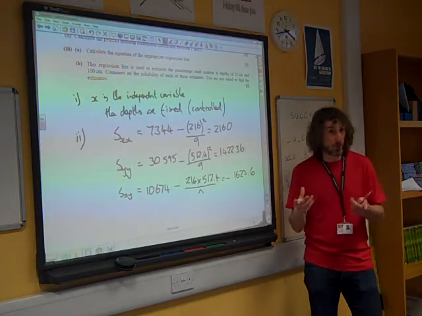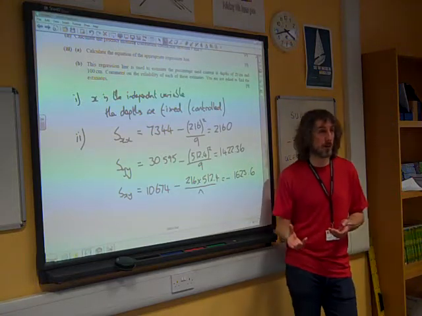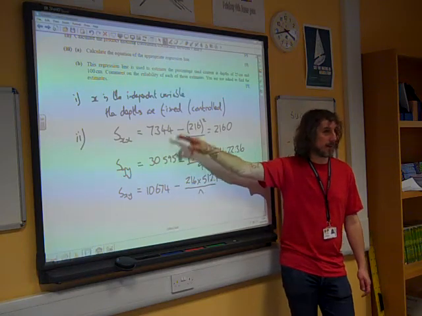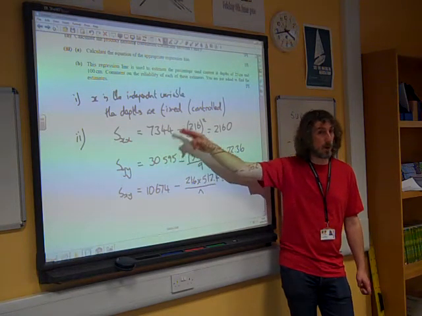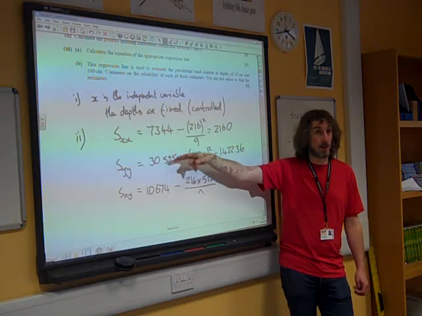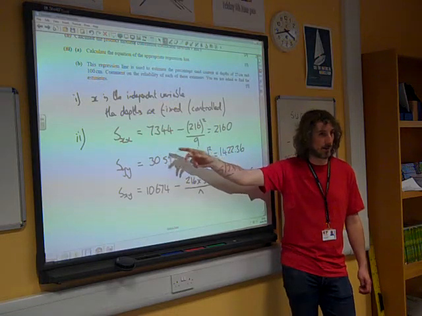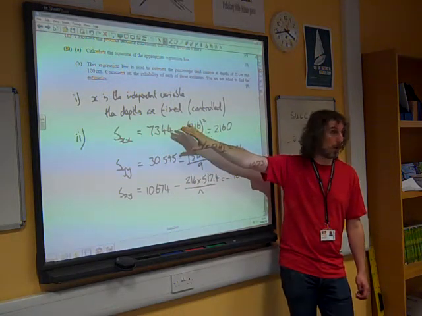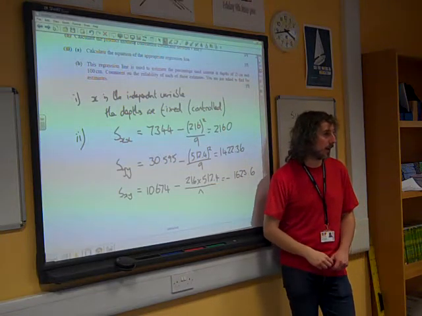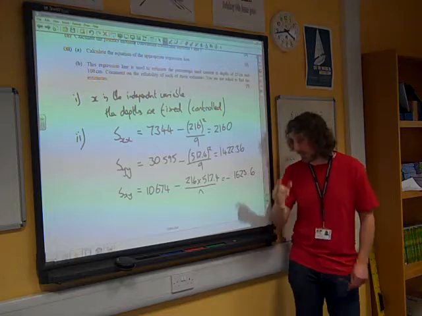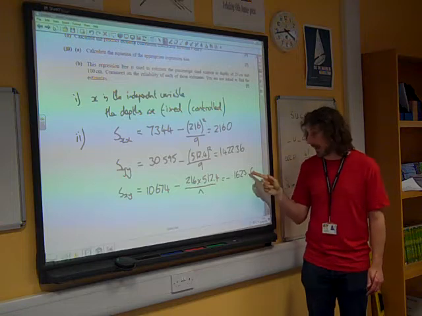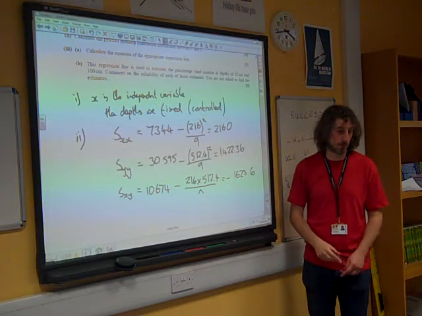Okay? A few things just to check as we're doing this to make sure that things are going okay. These two will never be negative. These two will always come up with a positive value. The danger of these two being negative is you end up square rooting a negative number. This one is going to go on the top of our fraction when we calculate our product moment correlation coefficient. And this is the one that determines whether r is going to be positive or negative. So that's okay that that's negative, but these two we'd expect to be positive.